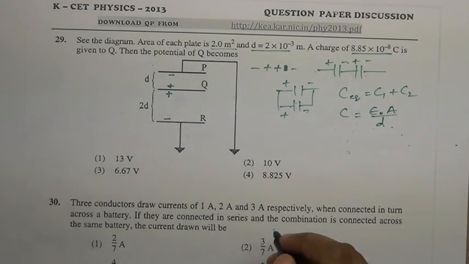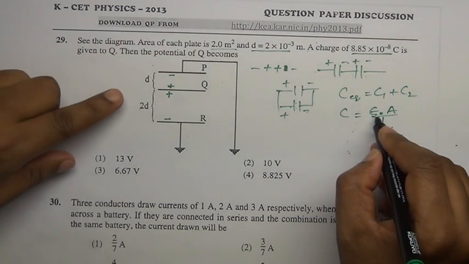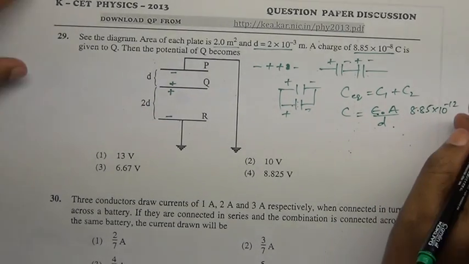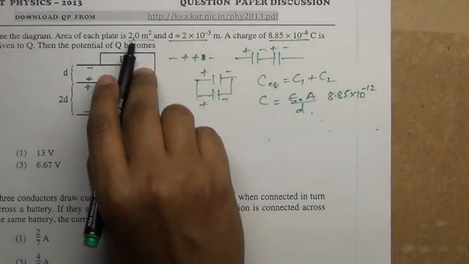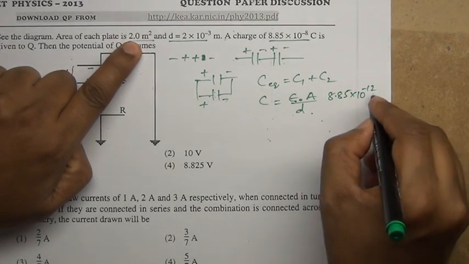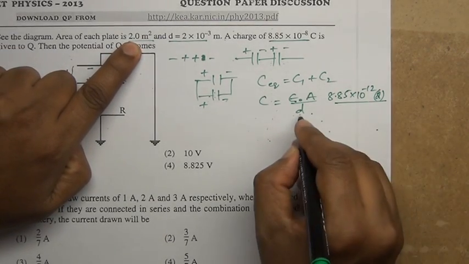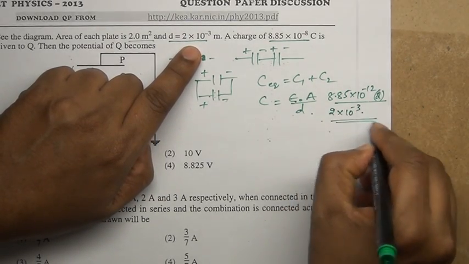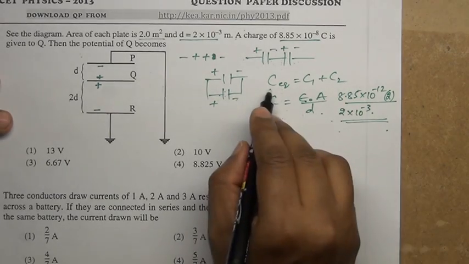Okay, let us solve this first. Epsilon naught is 8.85 into 10 power minus 12, area of each plate 2 meter square, by d. Distance between the plates is 2 into 10 power minus 3. C1 plus C2, C equivalent.